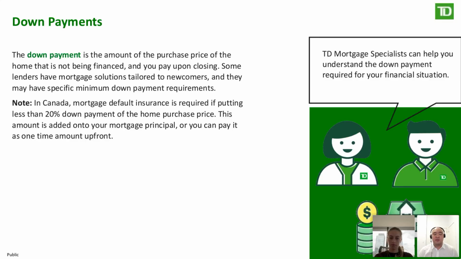The minimum down payment required is 5% for the first 500,000 and 10% for the balance. Right? So if you don't have 20% down payment and you're still looking to purchase up to 1.5 million as a first-time buyer, then the minimum down payment required follows that formula I just mentioned.